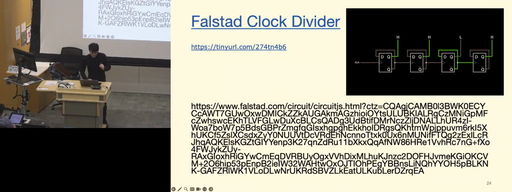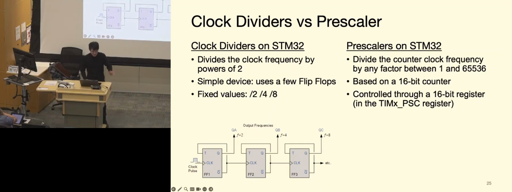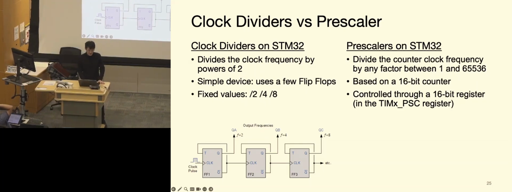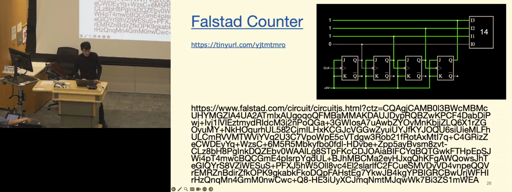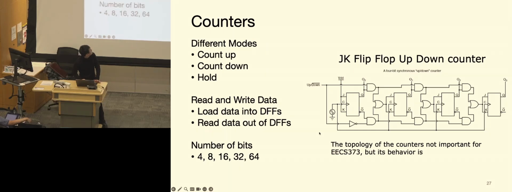So just to put it into context, we have the clock divider by a scale of 2, and once we add a counter to this, it gives us even more control. Basically, we can divide the counter clock frequency. If we use a 16-bit counter, then we have much wider control over the target frequency we want to use. Let me give you a quick visualization here.